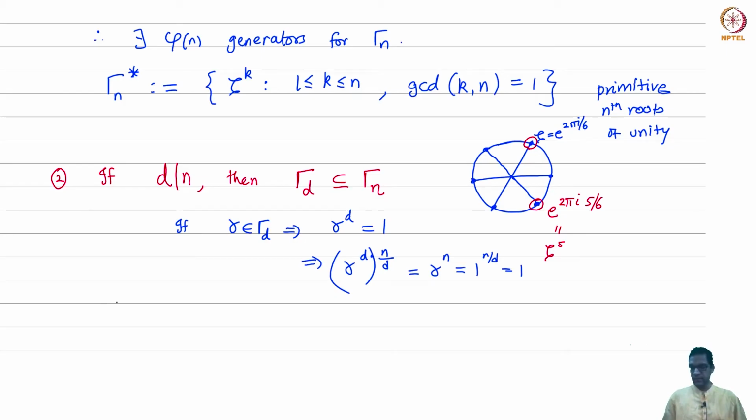In fact, the converse is also easy to see: if gamma d is a subset of gamma n, then d must divide n. I leave this as an exercise.